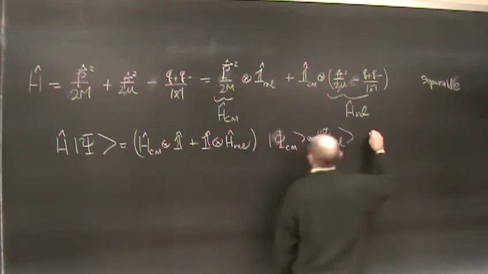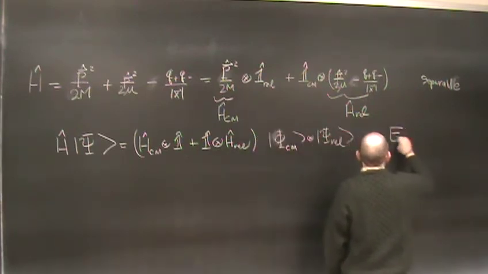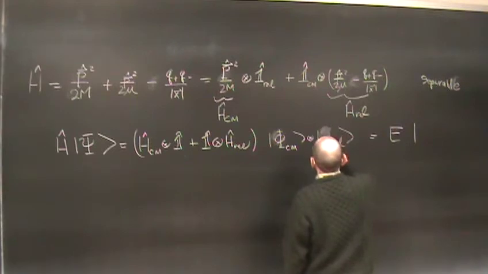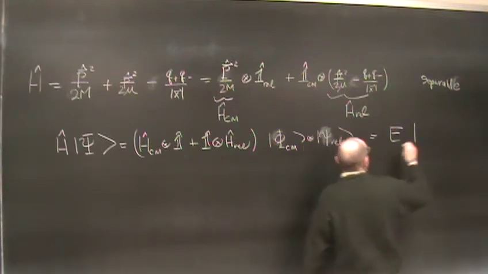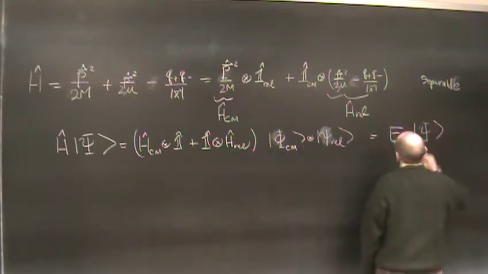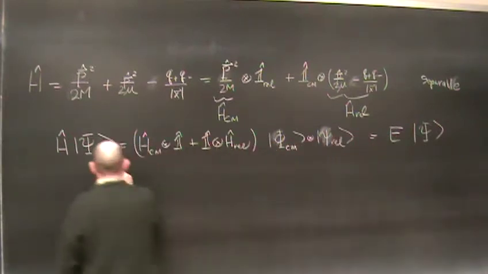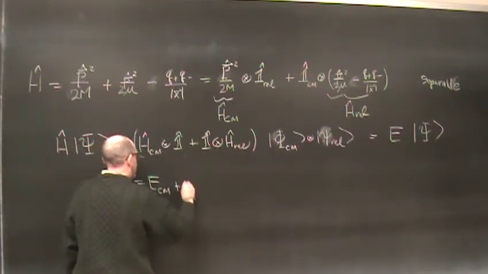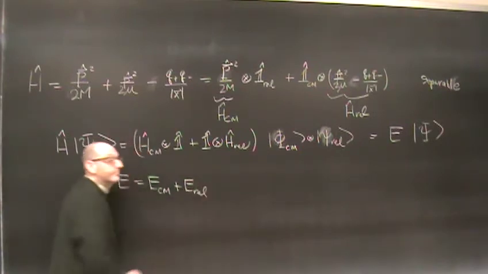So when looking at stationary states, that energy is the sum of the energy of the center of mass and the energy of the relative coordinate. Okay?